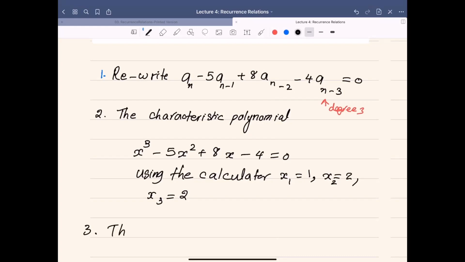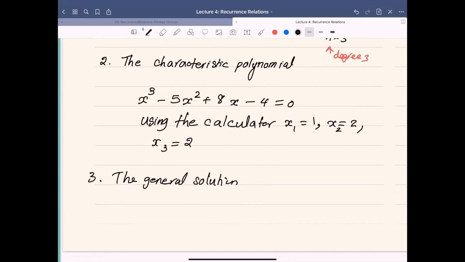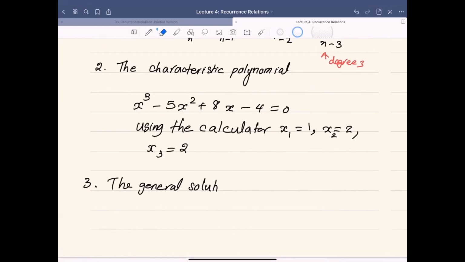Step 3, the general solution. So the general solution, a_n equal to, the first root is 1, so it will be c1 plus c2 multiplied by 2 raised to power n plus c3 n multiplied by 2 raised to power n.